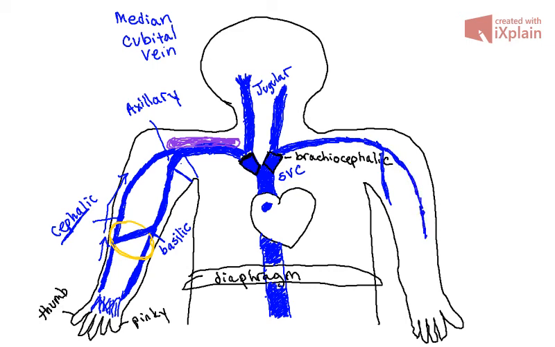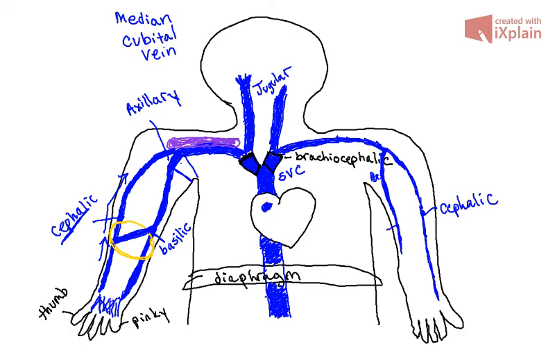the one on the outside by your thumb is the cephalic, and this other branch that goes into the subclavian turns into the axillary, and then that turns into the basilic.